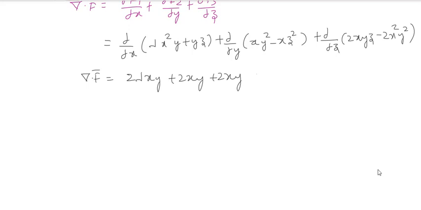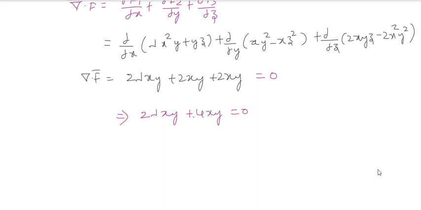If you make this equivalent to 0, you will have 2 lambda xy plus 4xy is equivalent to 0.